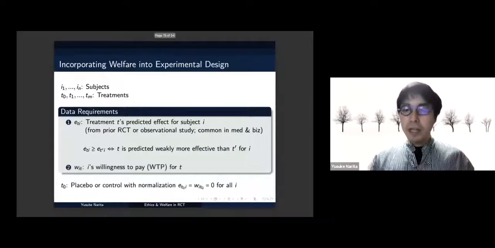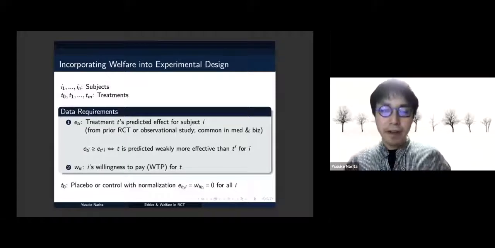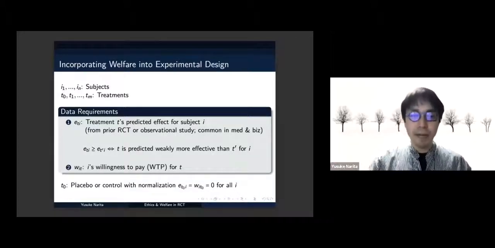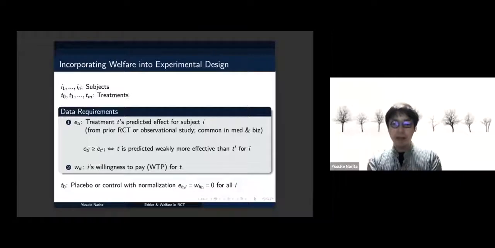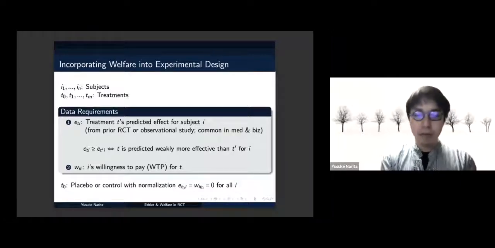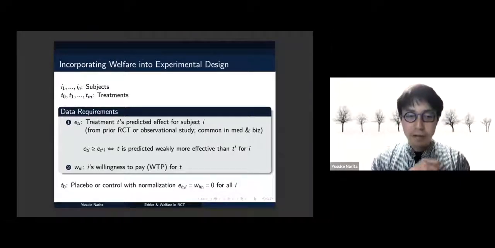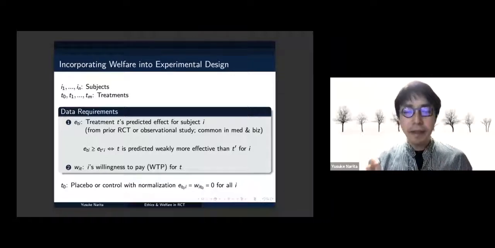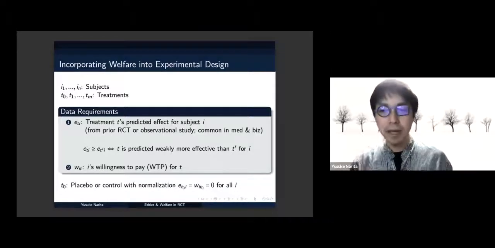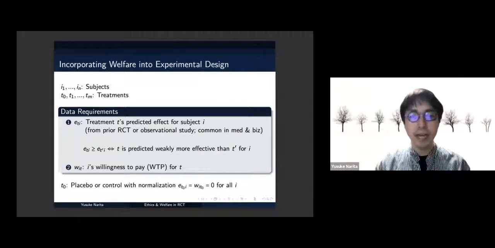Then even conditional on these predicted effects as a first welfare measure, there is ample evidence that different subjects have different preferences about what kind of treatments they want. And to capture this preference aspect of subject welfare, I'm going to use this W_IT to denote each subject I's willingness to pay, or WTP, for each treatment T. So W and E are going to be my prior welfare measures.